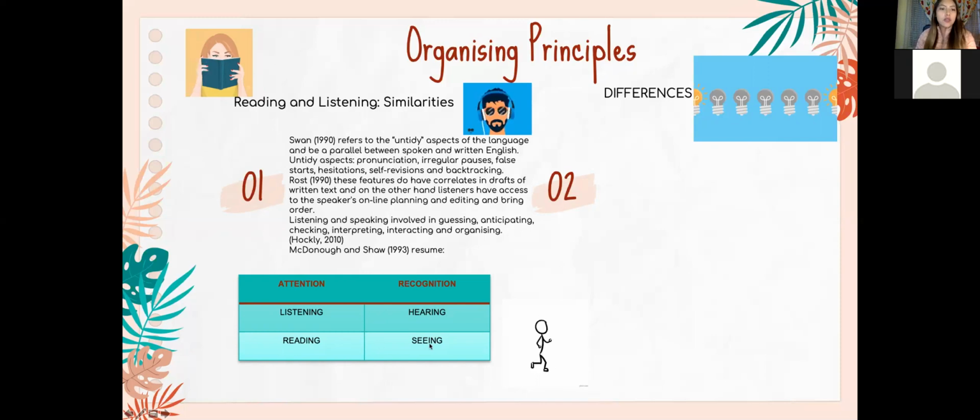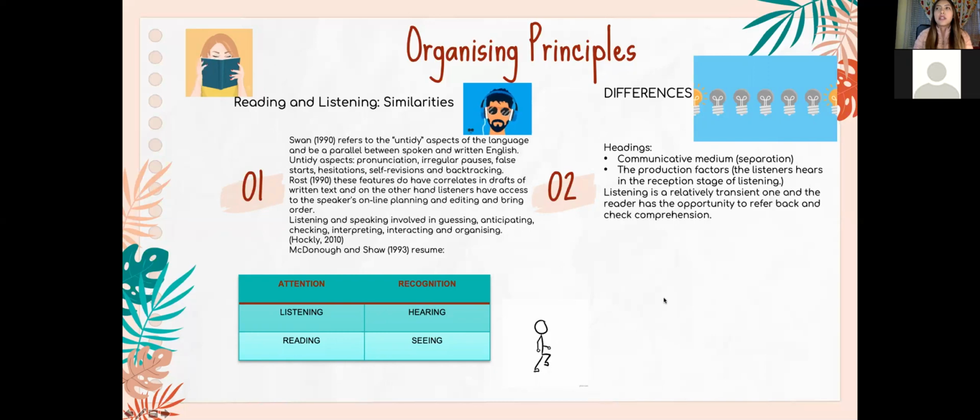So both try to understand the message better. According to the differences, there are different headings like communicative medium, which talks about the separation, and the production factor, which is focused more on what the listener hears in the reception stage of listening.